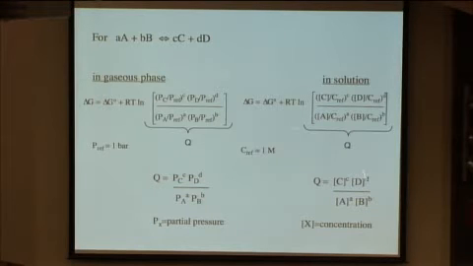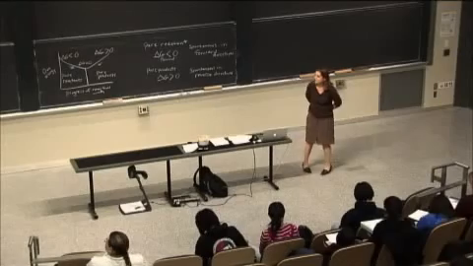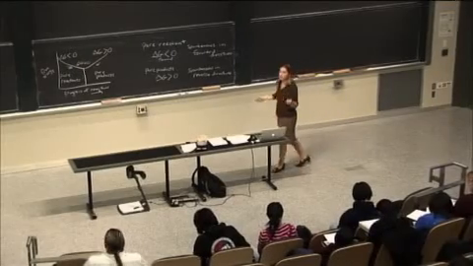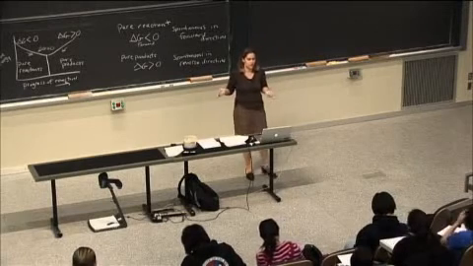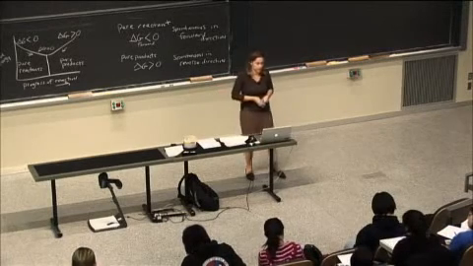So we have here Q is the concentration of C raised to its coefficient C, the concentration of D raised to its coefficient D over reactants, concentration of A to A, concentration of B raised to B. So the thing in brackets indicates it's a concentration term. So Q is just products over reactants, considering the stoichiometry of the particular reaction.